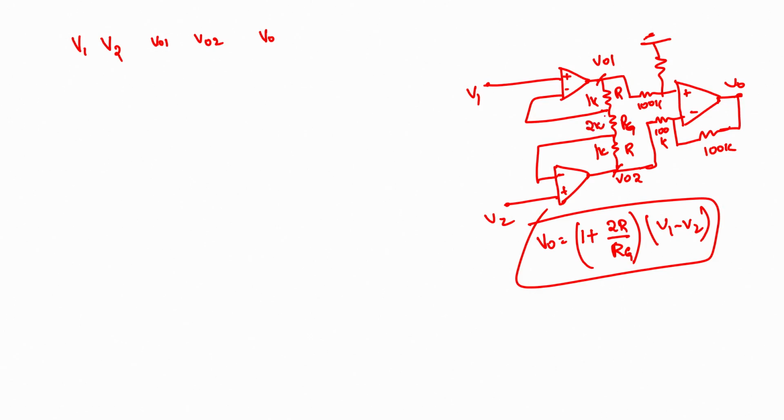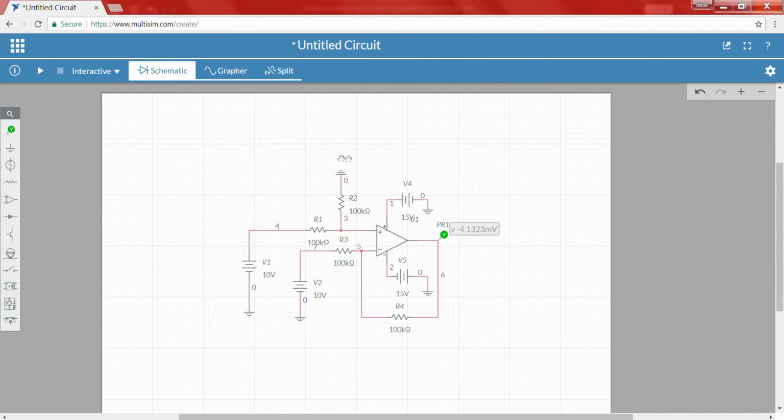If I take Rg as 2K, the gain will be 1 plus 2 into 1K divided by Rg 2K. So, the gain of the system is 2, right. Theoretically we have calculated 2, and we will see with simulation.